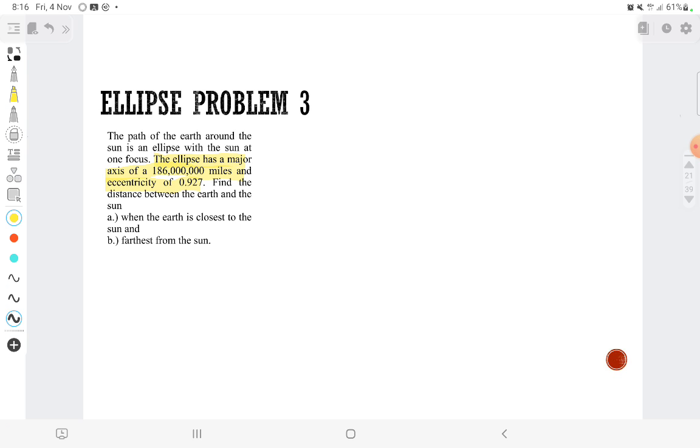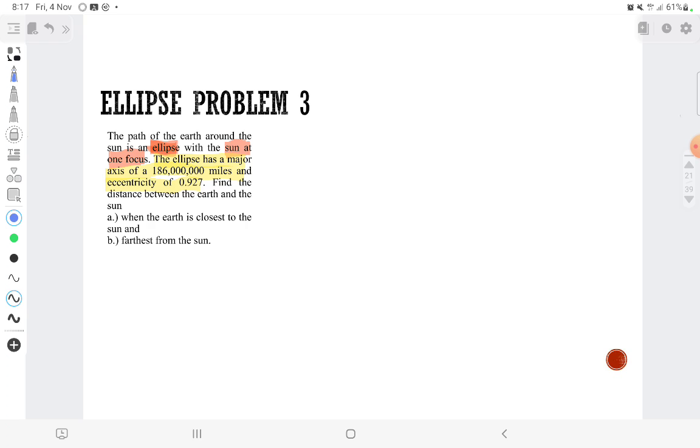The path of the Earth around the Sun is an ellipse with the Sun at one focus. It means that the Earth is on the ellipse itself, because that is the path of the Earth, so let us consider the Earth as a point on the ellipse.